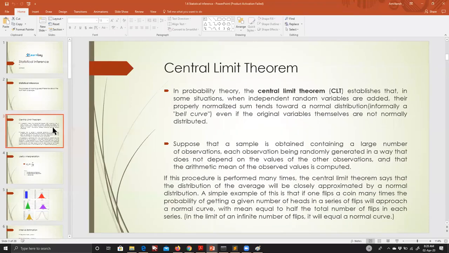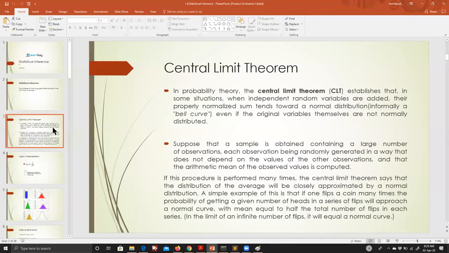Okay, so we were just discussing the central limit theorem, and we were establishing that if you do any of these experiments, when independent random variables are added and properly normalized, or an average curve is taken, the repetition needs to be in a higher number, let's say 50, 100, 200.